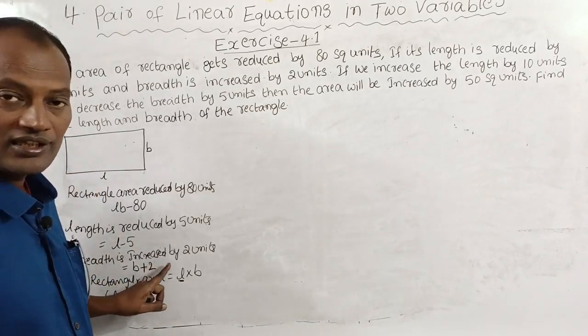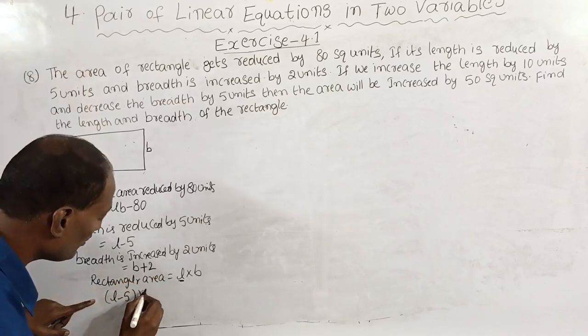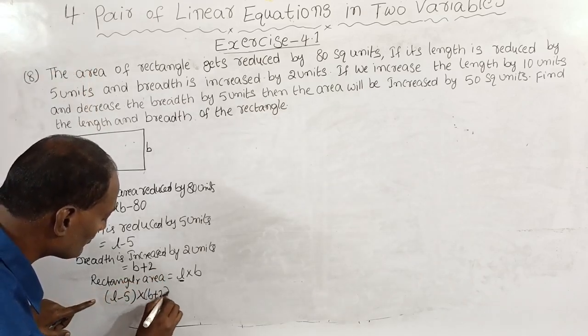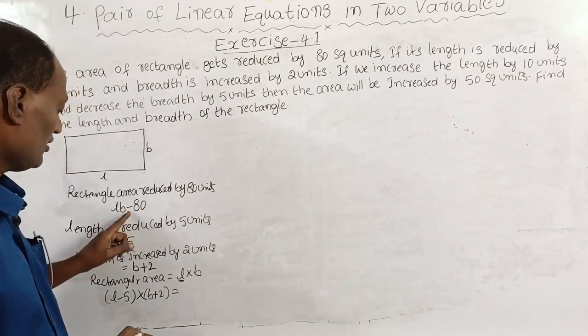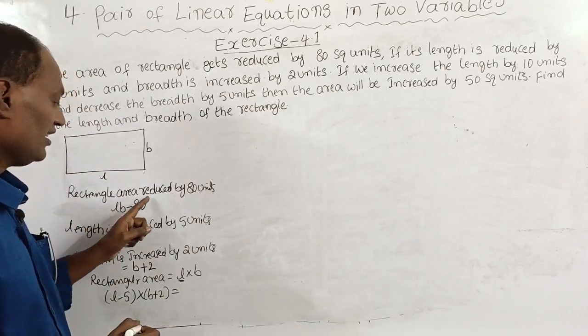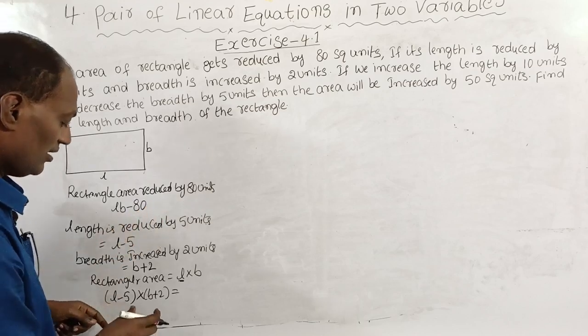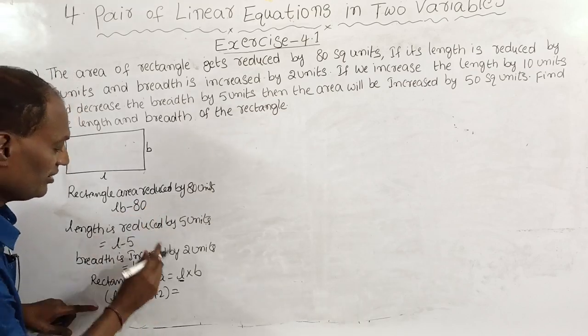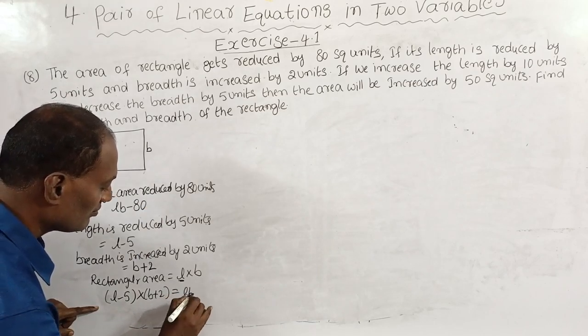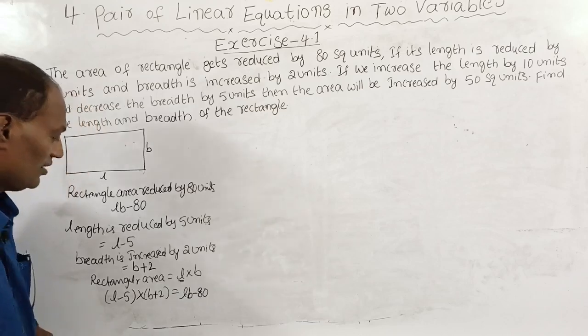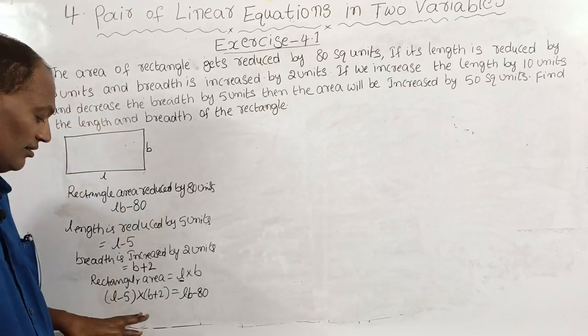After increasing, what is the breadth? B plus 2. Equal to how much? LB minus 80, because the rectangle area is reduced by 80 units. This is the area reduced by 80.